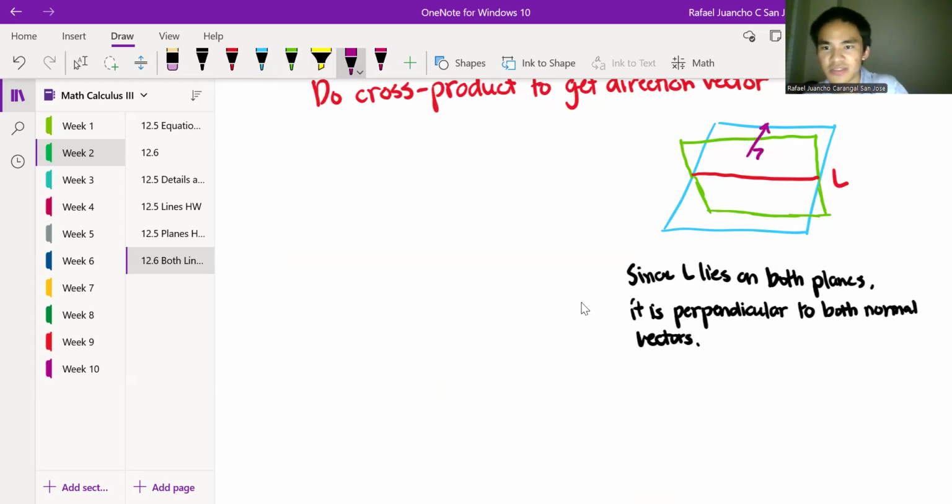So one is there, another one is here. Let's say this is N1, N2, plane 1, plane 2. So if we get N1 times N2, which is just the direction vector V, let's just say V, which goes like here maybe.